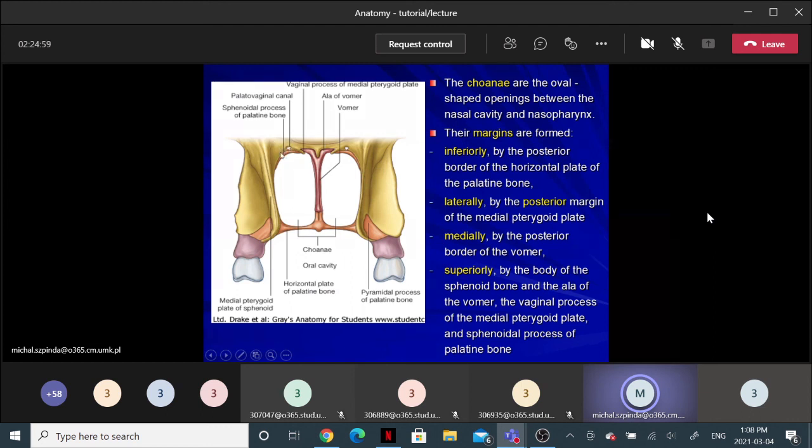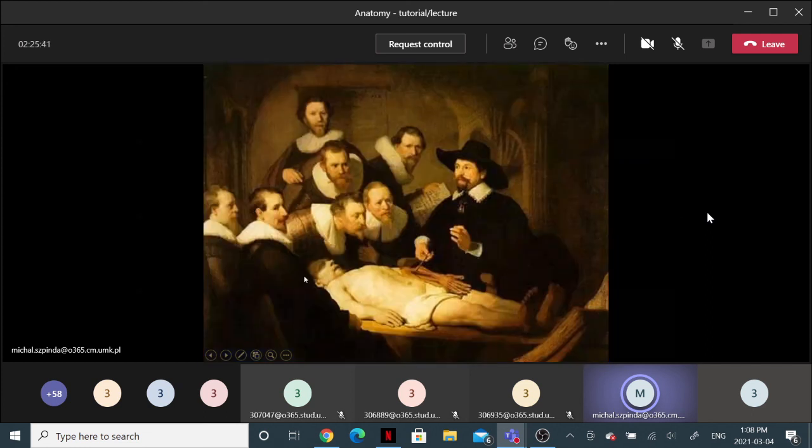The palatovaginal canal is a usual canal that's always present, and the inconstant vomerovaginal canal, if present, joins the palatovaginal canal, and the palatovaginal canal just enters the pterygopalatine fossa between its medial and posterior walls. And so I think that's enough for today.